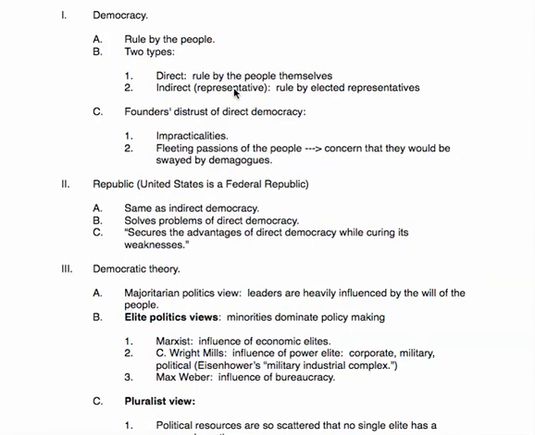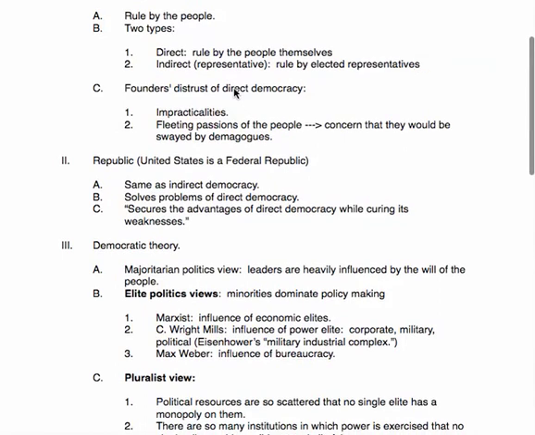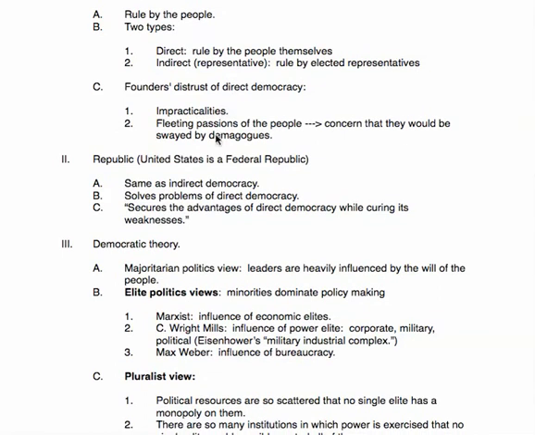And since the founders did have that distrust of a direct democracy because of the impracticalities of it and their fear of the demagogues, the shiny object per se, that people would be taken up in a fleeting moment of passion by some political leader, we would just follow them blindly. They were worried about that.